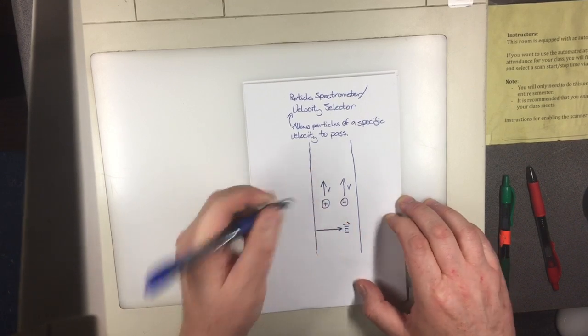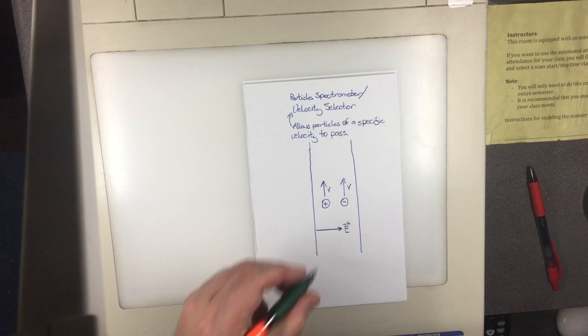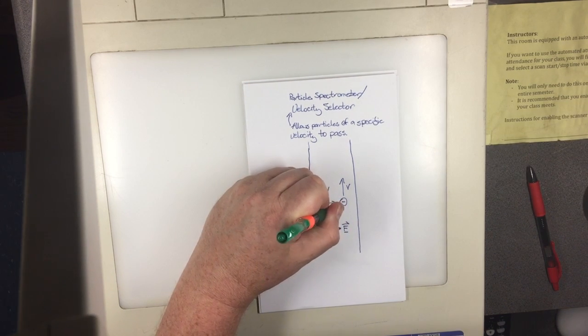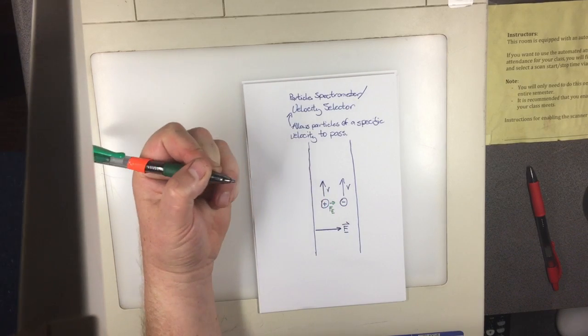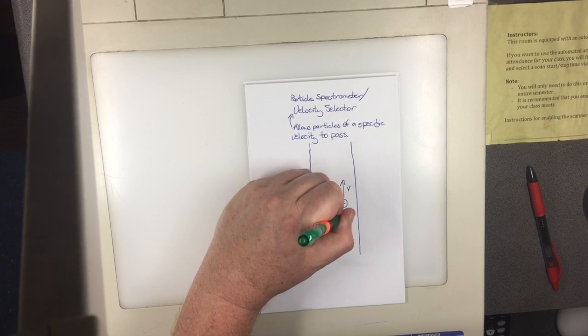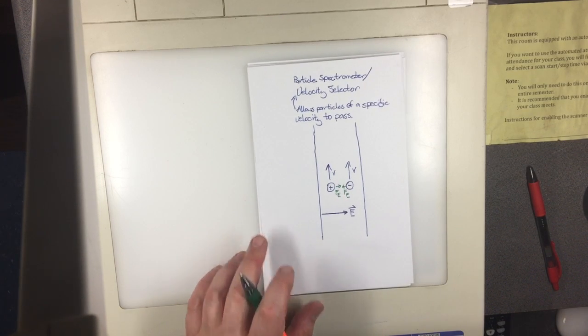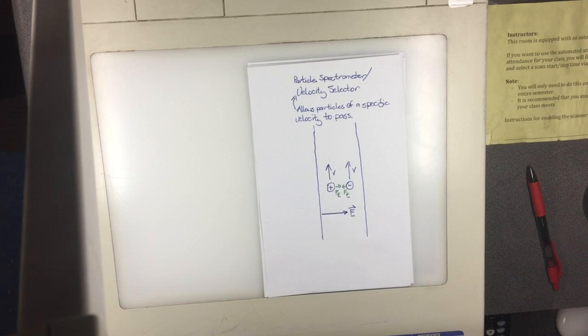In our case, we're going to set up the E field to be from left to right, which means that the positive particle feels an electric force to the right, and the negative particle feels an electric force to the left. That's because charged particles feel forces in the direction of the E field if they are positive, and opposite to it if they are negative.